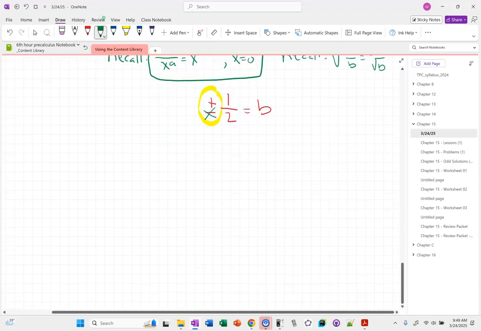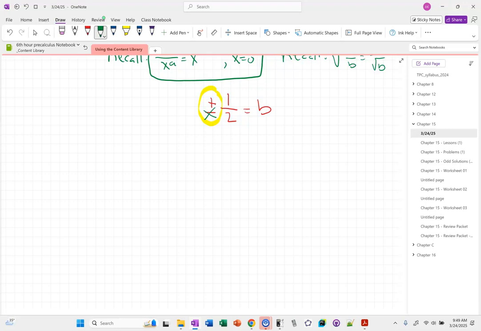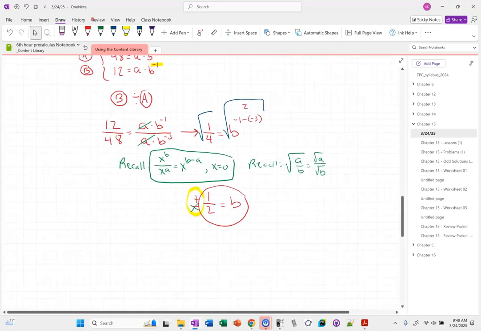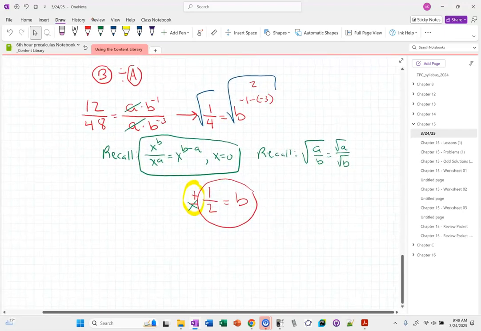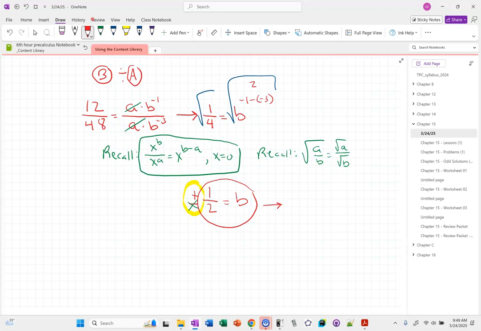Yeah, I can drop the plus or minus to just make it plus. So I have that. And now I'm going to plug that into either one of my equations, either equation A or equation B, to solve for the A.